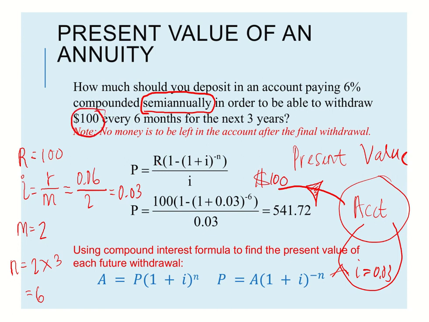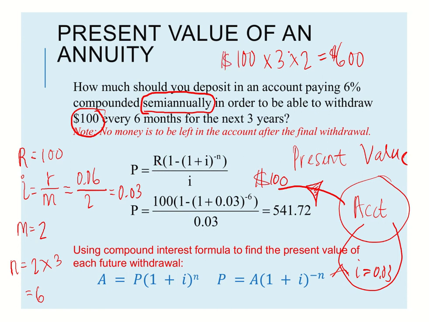Now take note that every 6 months we withdraw $100. So $100 is withdrawn every 6 months for 3 years. Each year is 2 times, because it is every 6 months. So the total money withdrawn is $600.